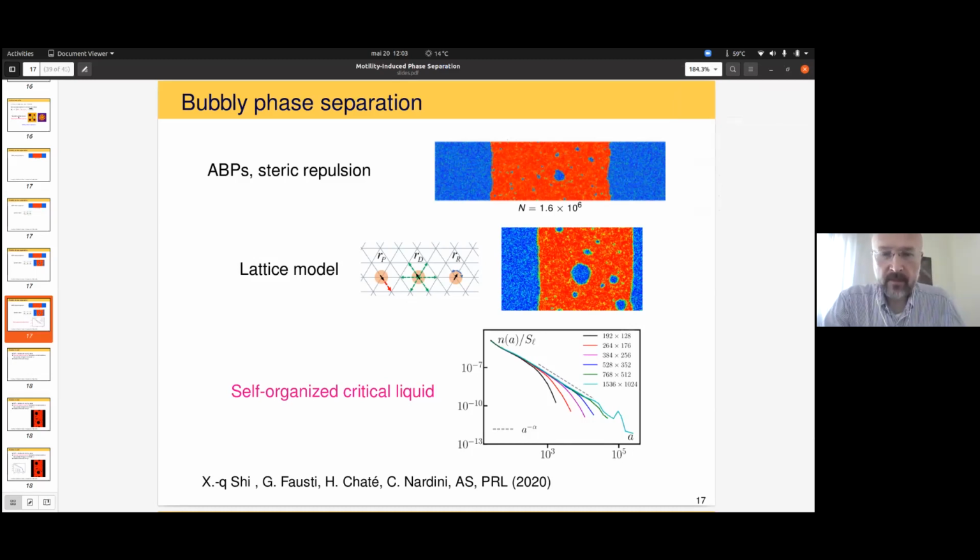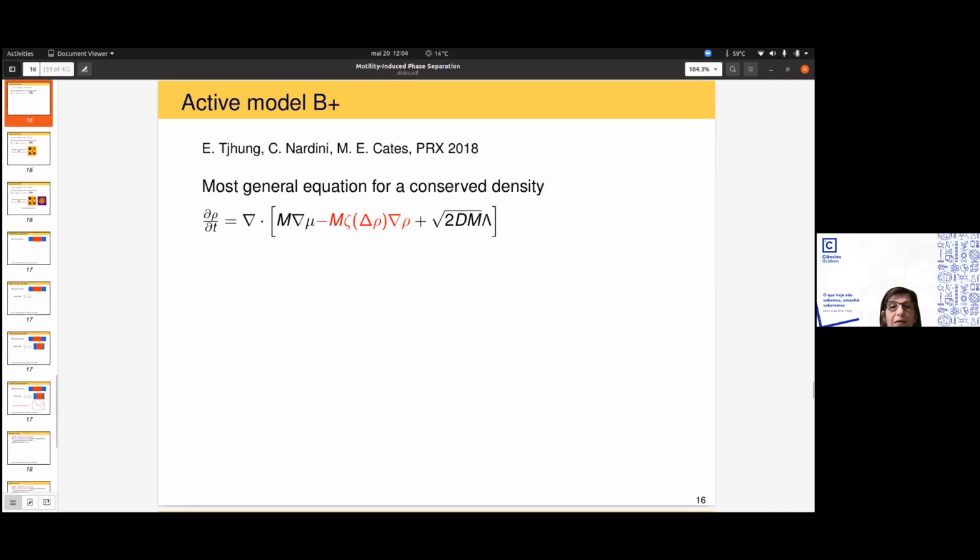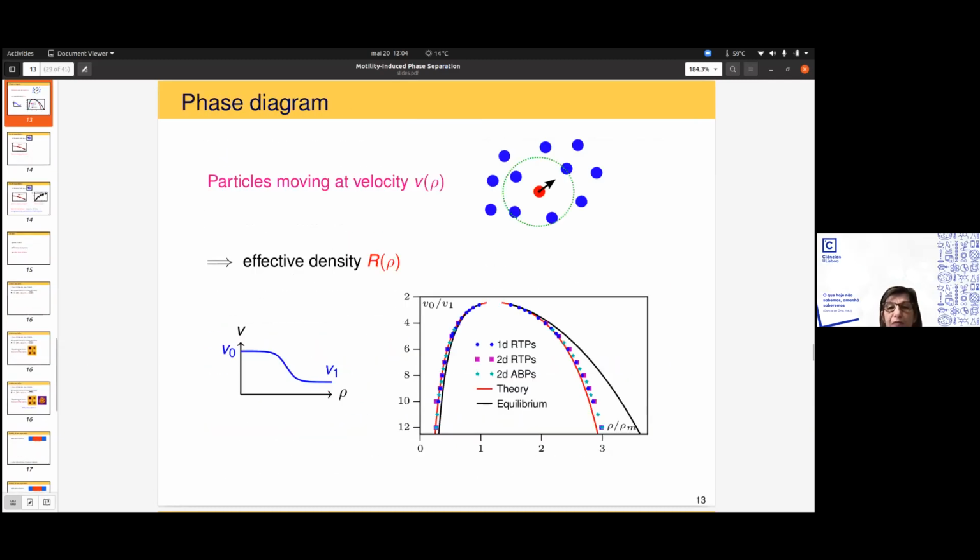I can have one. Last one. Margarita, okay, go ahead. You've already noticed that there are two communities. One is the dynamics, the other one is the effective or the thermodynamic one. If you go back to your phase diagram in the effective thermodynamics, the green curve here is active Brownian particles, right?